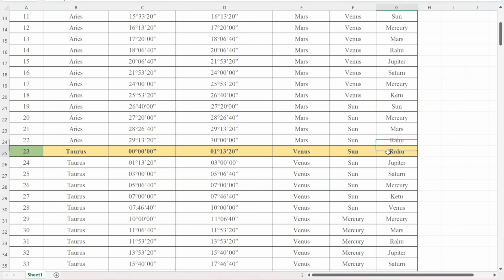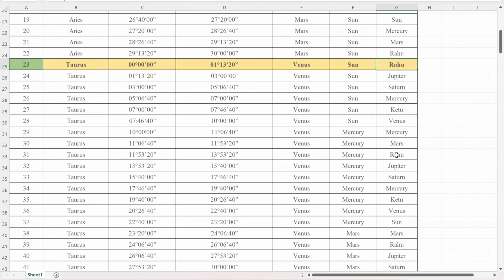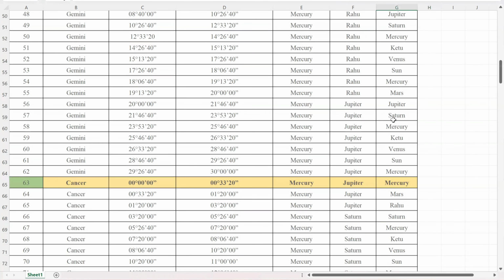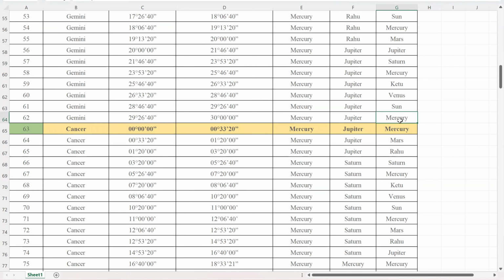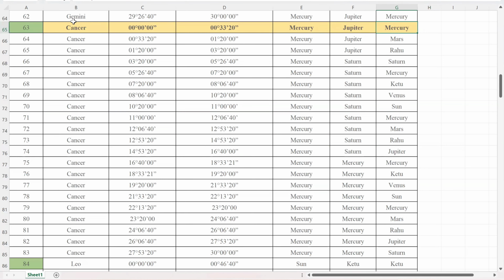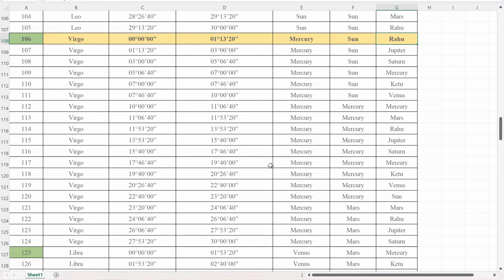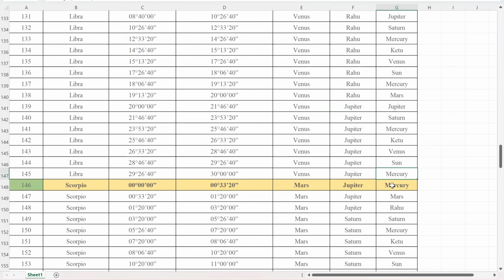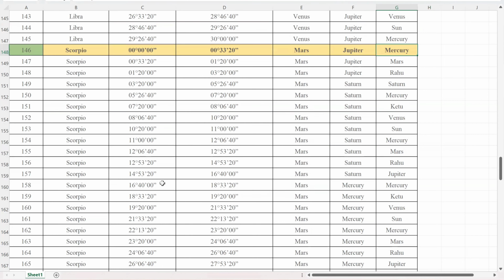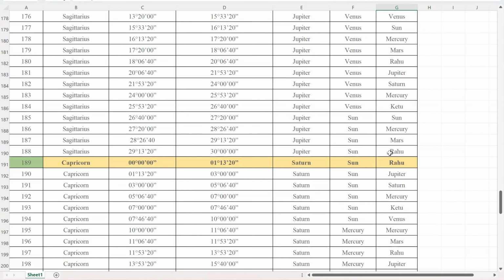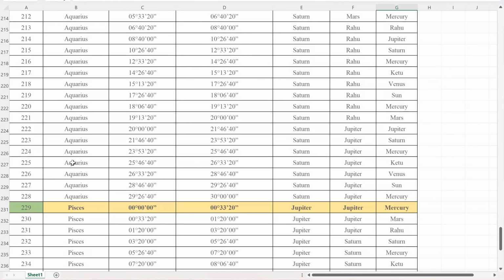In the same way, if you go further down in this table, you can see Mercury having the same distribution in Cancer, and then Rahu again from Leo to Virgo, then again Mercury in Libra to Scorpio, then again Rahu from Sagittarius to Capricorn, and then again Mercury from Aquarius to Pisces.